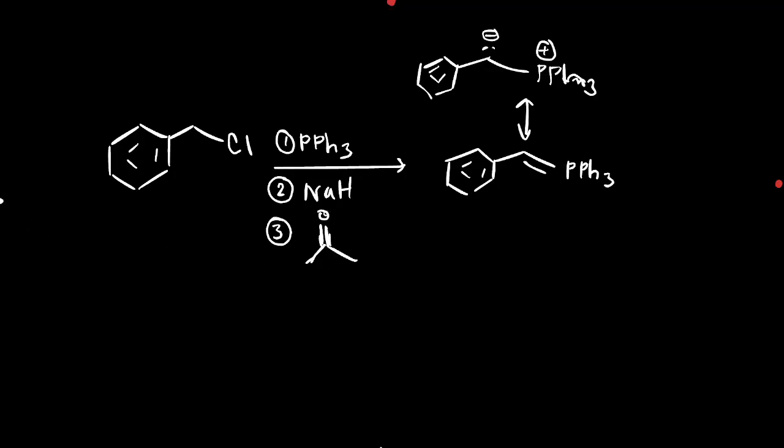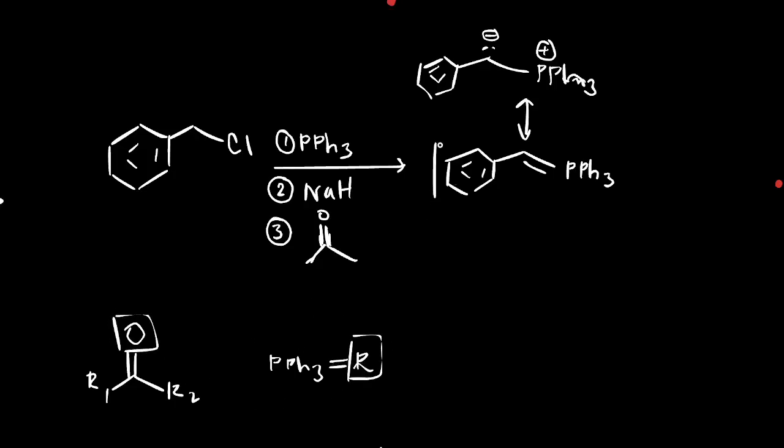So what we're going to then do is react this Wittig with our carbonyl, which is that third step here. So if we're reacting with our carbonyl, what do we get? Well, if you remember generically what we talked about, if you have a carbonyl and we react with a Wittig, all we do is we replace the oxygen with the R group. So here, this is our R group. So what is our product going to look like?